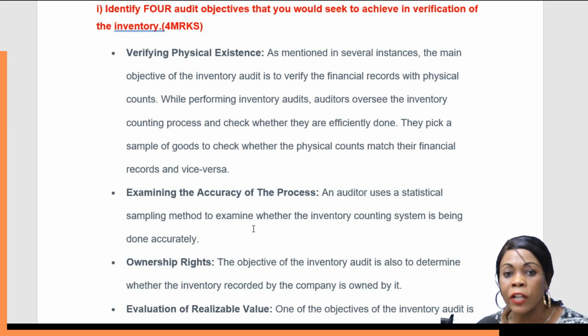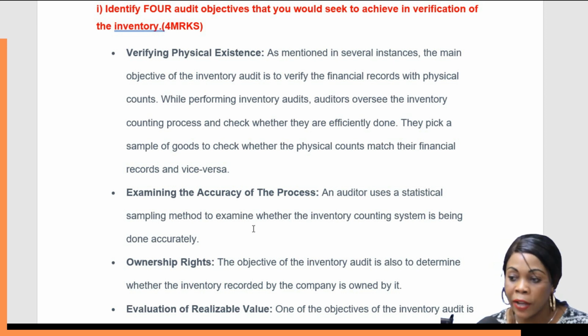While performing inventory audits, the auditors oversee the inventory counting process and check whether they are efficiently done. They pick a sample of a good to check whether the physical count of that good matches with the records or vice versa. Okay? When you're told to explain about that, that's what you say.